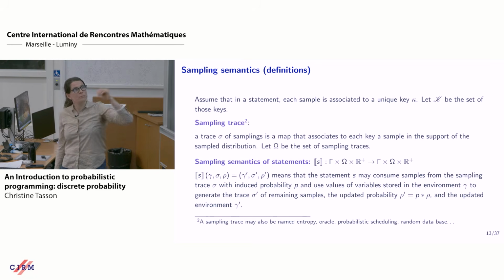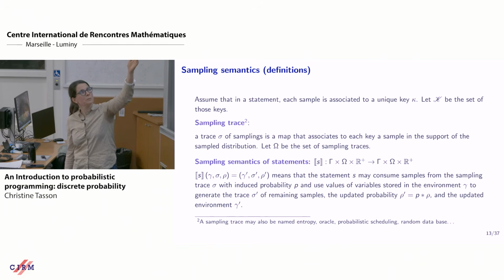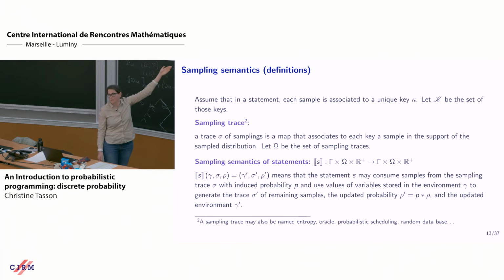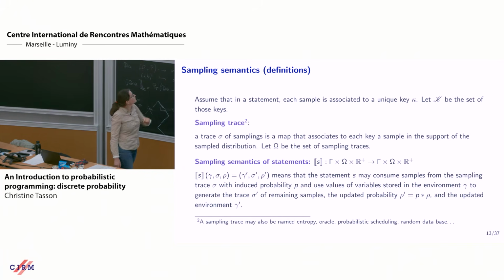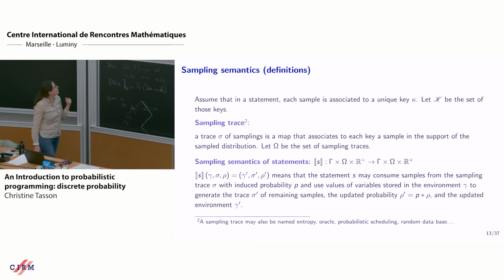And the updated probability, so rho prime is P, the probability that I can use this sample, multiplied by the preceding probability rho, and the updated environment gamma prime. Okay? Yes?